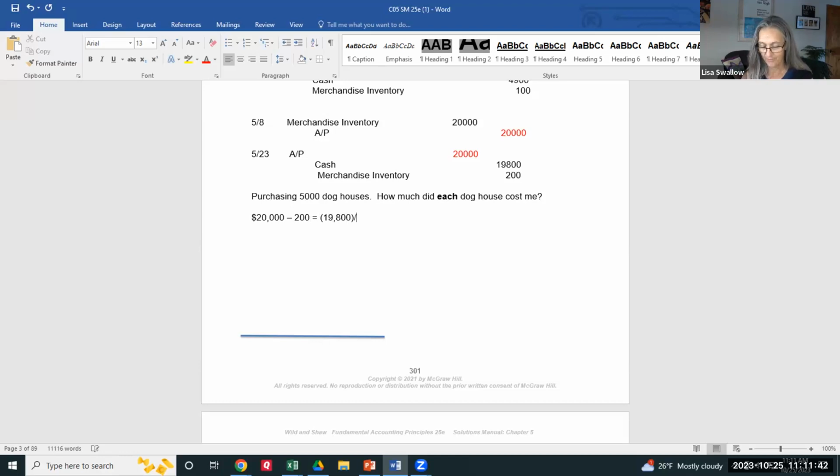And there were 5,000 dog houses. That means that each dog house, these are tiny dog houses, sorry, I did the math wrong in my head, has a cost basis of $3.96. These are miniature dog houses.